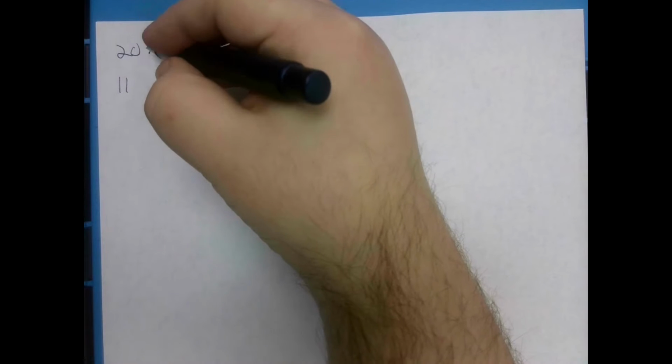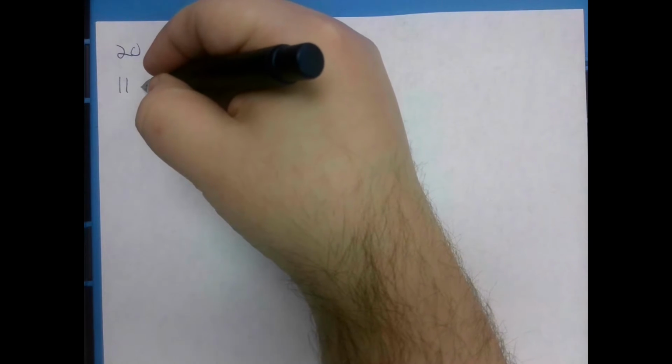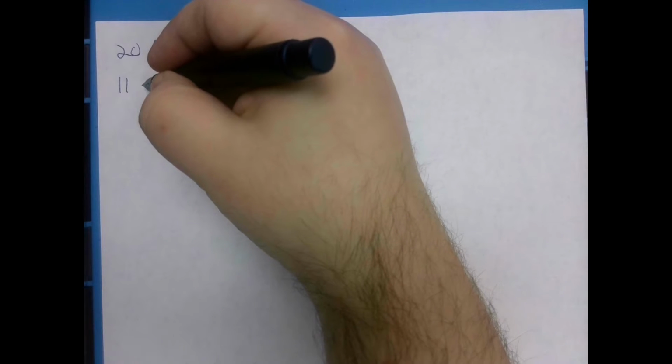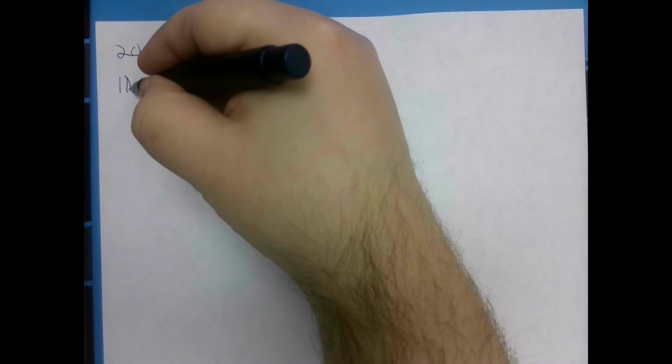Alright, test review. There will be 20 multiple choice, 11 nomenclature, let's see, 1, 2, 3, 4, 5, 6, 7, 8, 9, 10, 11, 12 nomenclature.